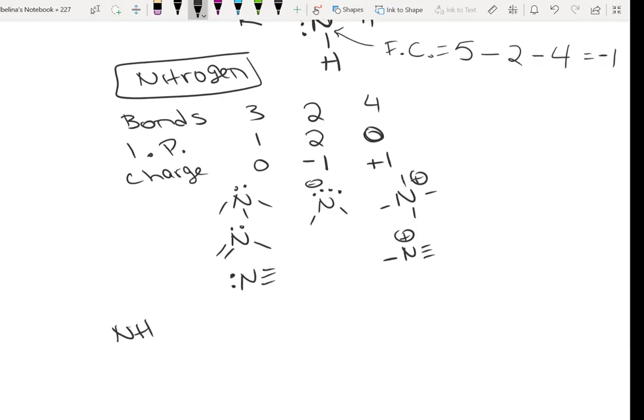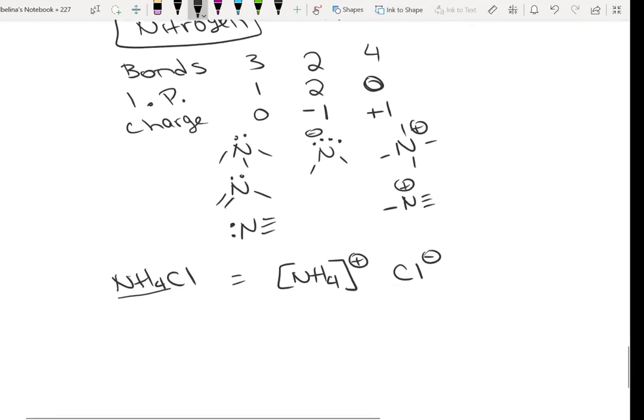A common example of nitrogen with a positive charge is ammonium, so NH4Cl, for example. I know this is an ionic compound because I have a polyatomic ion, even though there's no metal. So I can write this as the cation and the anion. I haven't shown any of the covalent bonds, but I've shown the ionic bond.